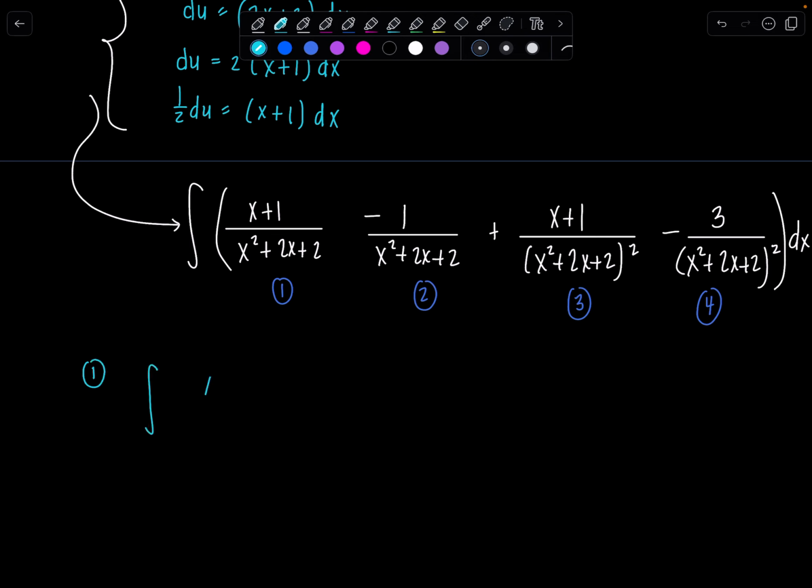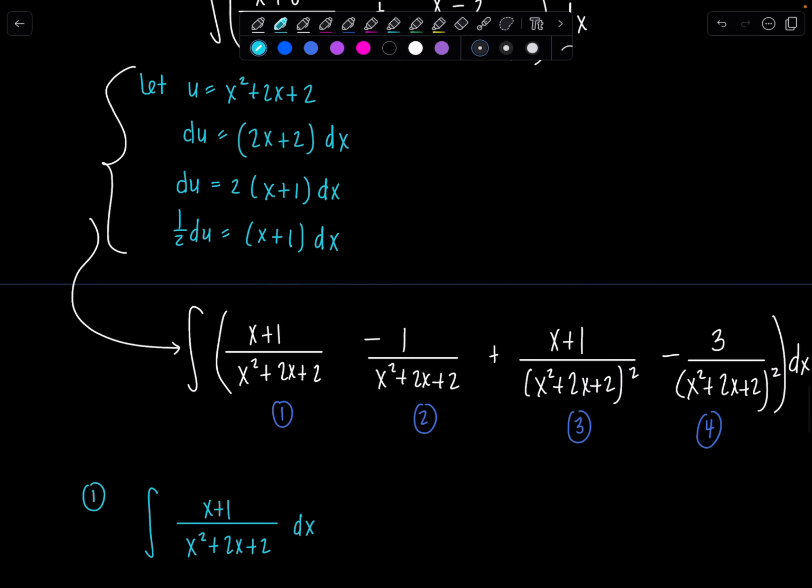Now, integral number 1, we basically have done up above because we wrote out the whole u sub. So we have x plus 1 over x squared plus 2x plus 2 dx, and this is my whole u sub, so I don't really need to rewrite it. 1/2 du is x plus 1 dx.